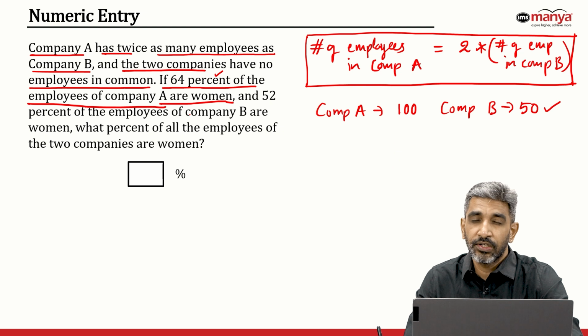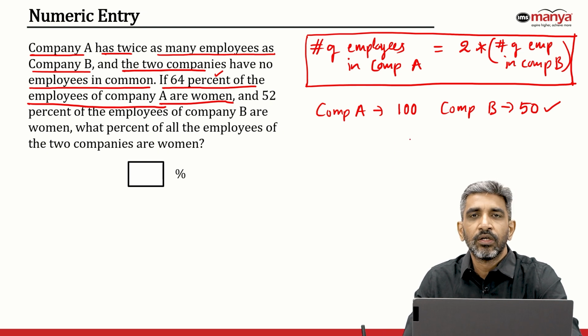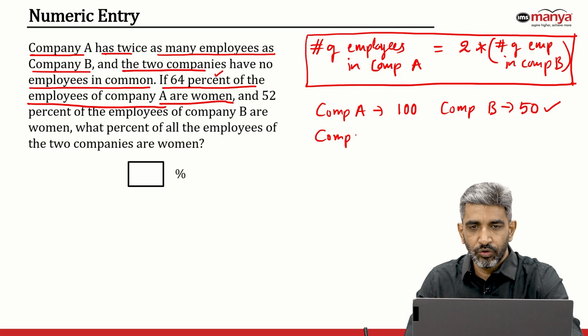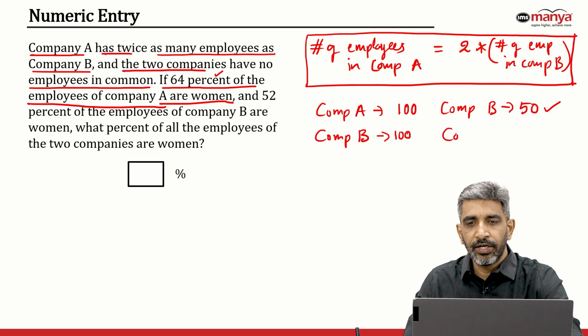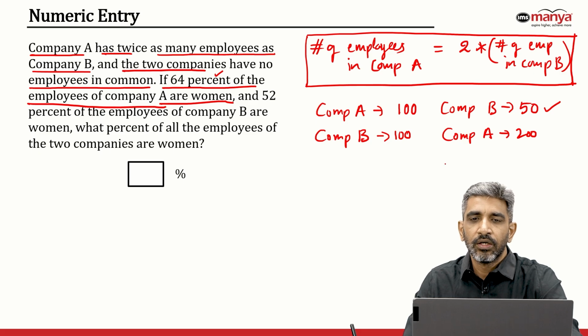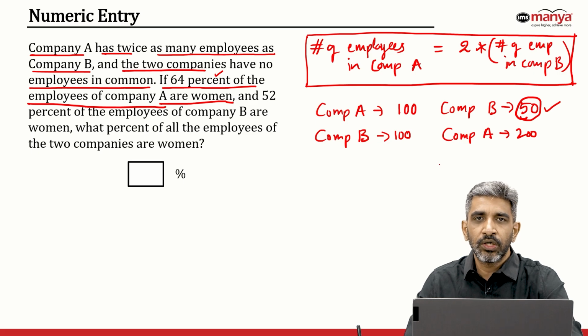Now, while there is nothing wrong with this mathematically, a slightly more efficient set of numbers would be if you start with B as 100 and deduce that Company A has 200, because it's just easier to apply the percentages on bigger numbers rather than on a smaller number like 50. That is the only change you could make in your approach if you've already taken the number-based approach.